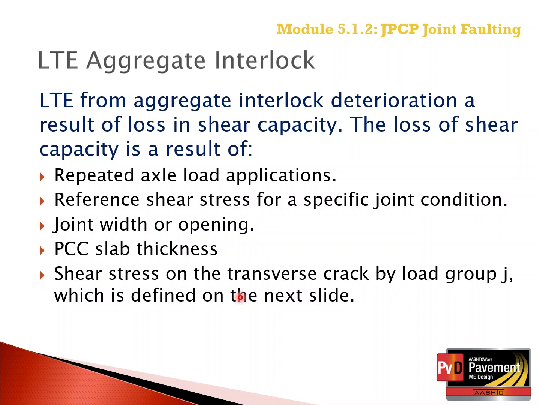The loss of shear capacity is dependent on repeated axle load magnitude and number of load applications, the reference shear stress, the transverse joint width or opening that varies with season and time, the concrete slab thickness, and the shear stress on the transverse cracks by an axle load group. The shear stress will be defined on the next slide.